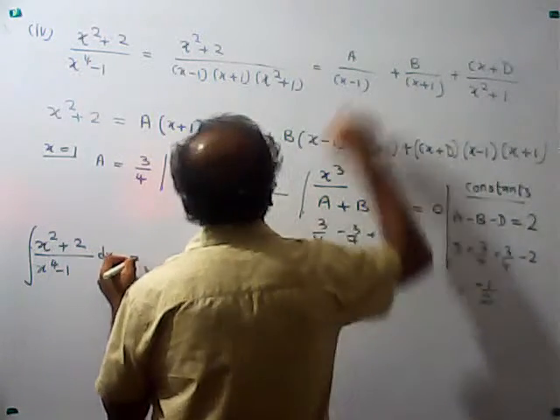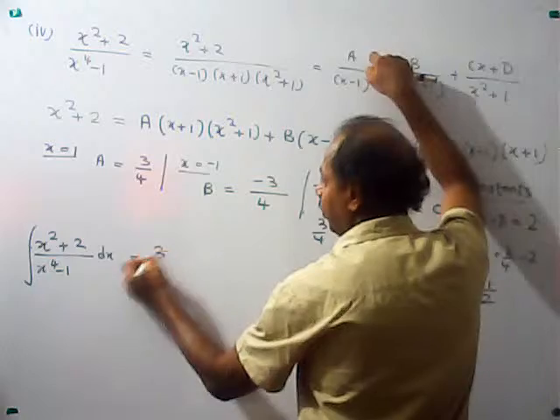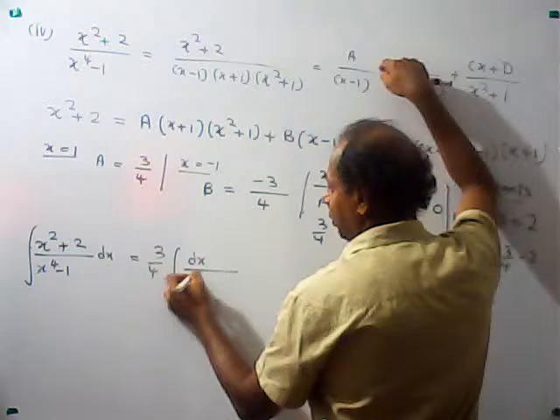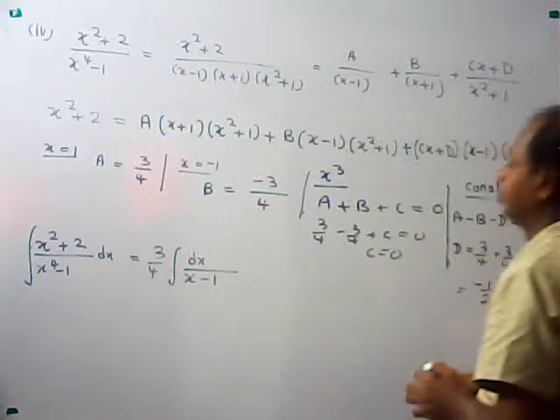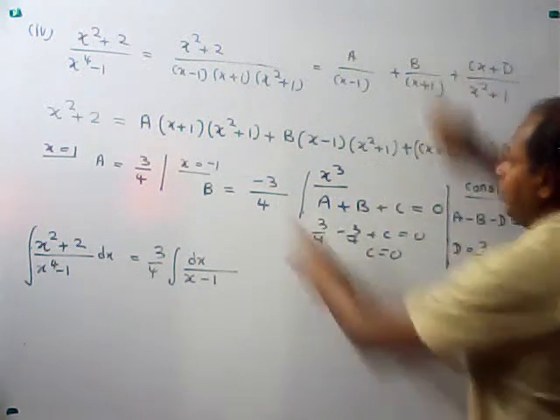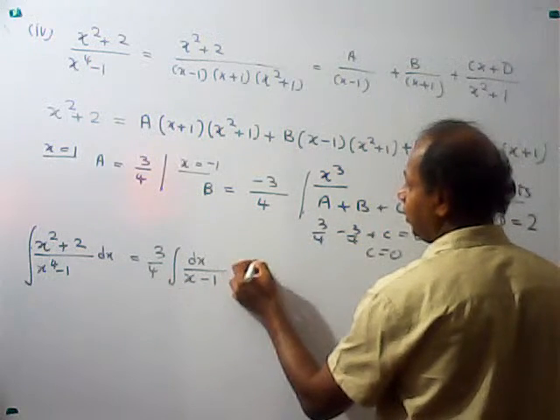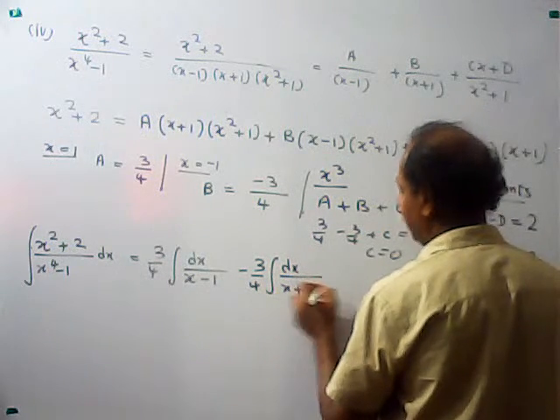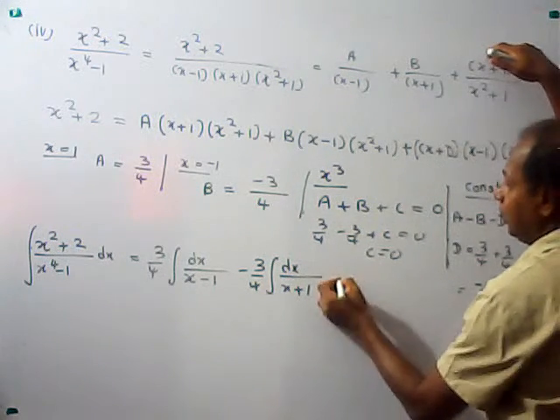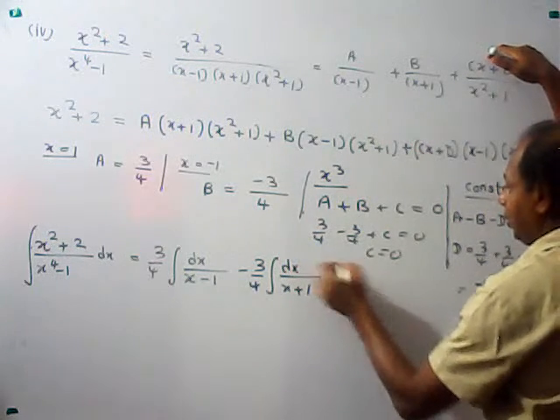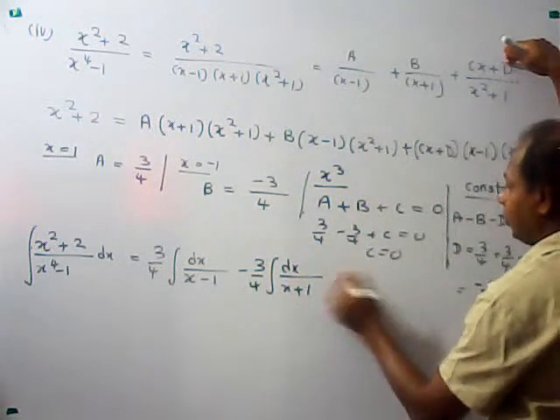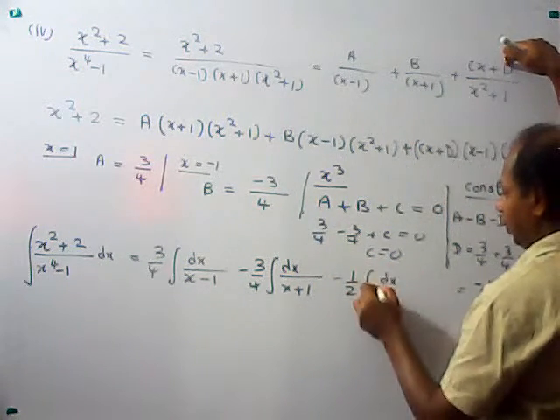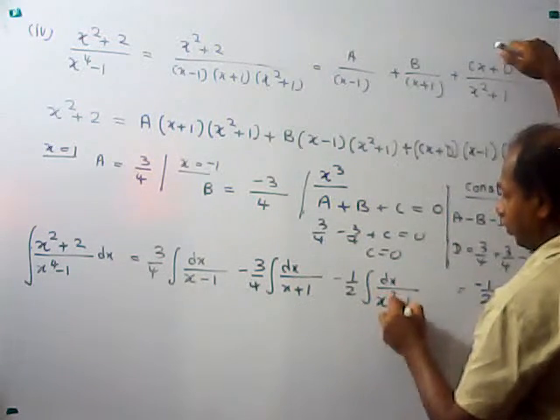Integral of that equals a, which is 3/4, integral of dx over x minus 1, plus b, which is minus 3/4, that constant can be taken out, dx over x plus 1, plus c is 0, then it is just d. d is minus half. So minus half over x squared plus 1.